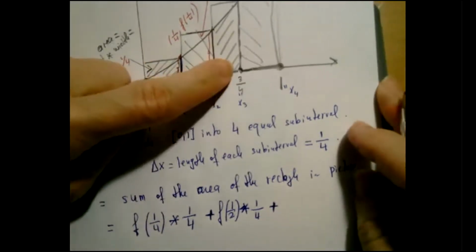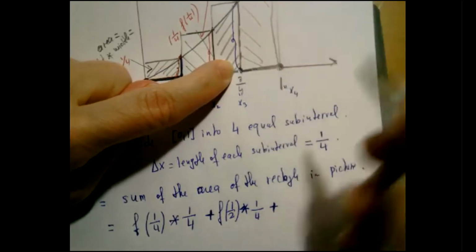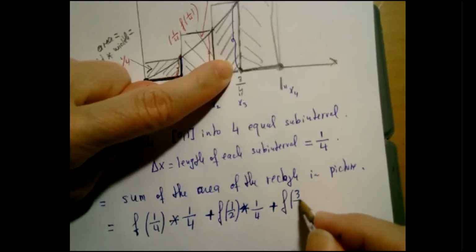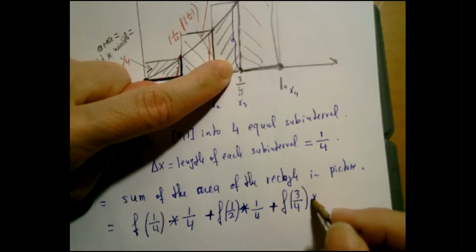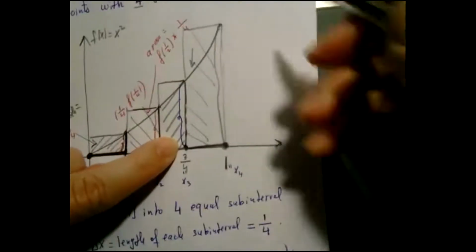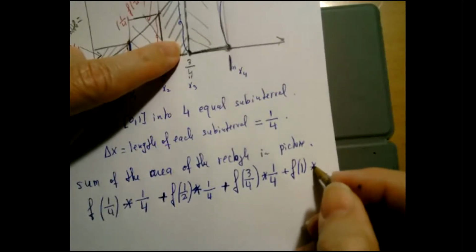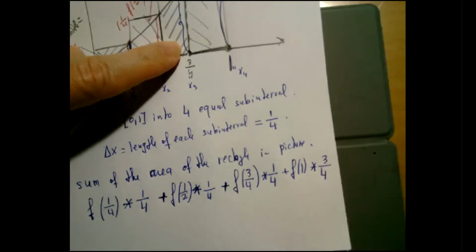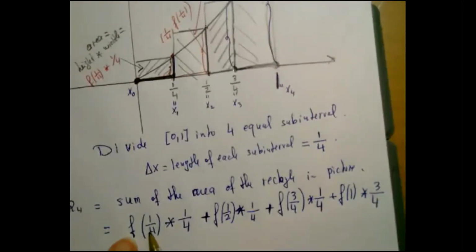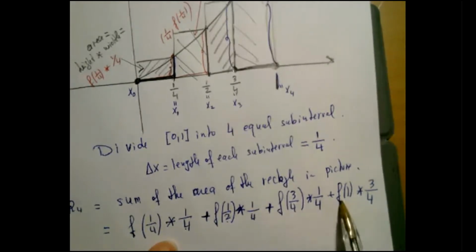Plus, what's the area of the third rectangle? The height is the value of the function at 3/4 times the width, 1/4. What's the area of the last rectangle? It's the value of the function at 1 times 1/4. Okay, so height, width, height, width, height, width, height, width.